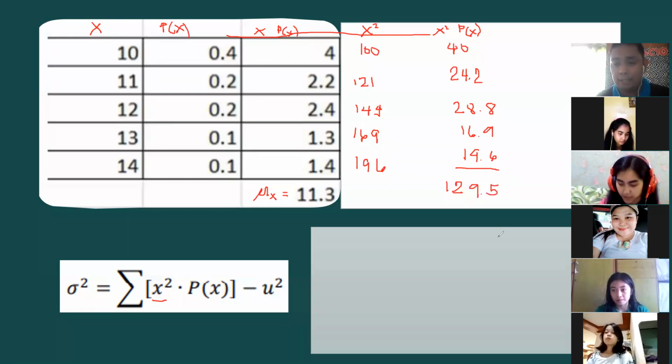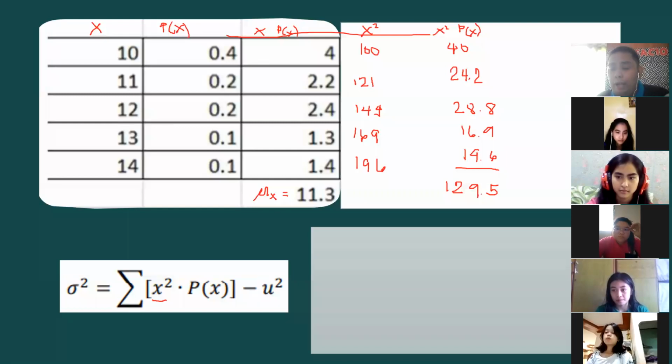Do you have the same answer? It's 129.5. Sagot nga po sa akin. Tama po ba? Nakuha nyo? 129.5 nga po ba? Okay po. Thumbs up. So 129.5 tayo ngayon. So that's the last process.